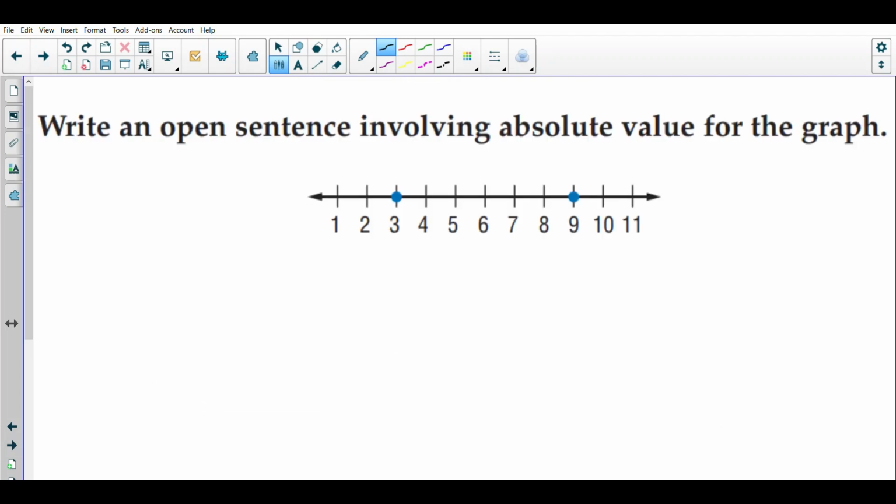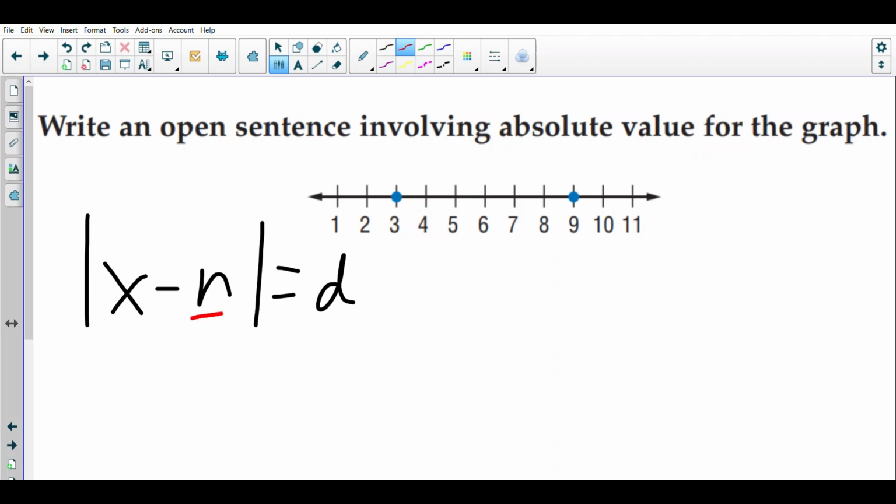This is actually pretty easy. You start with the premise of the absolute value of x minus some number is equal to the distance, so I'm going to say d. Now the number is always right in the middle of the two given points.